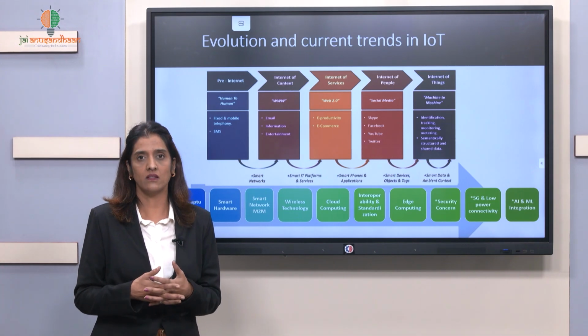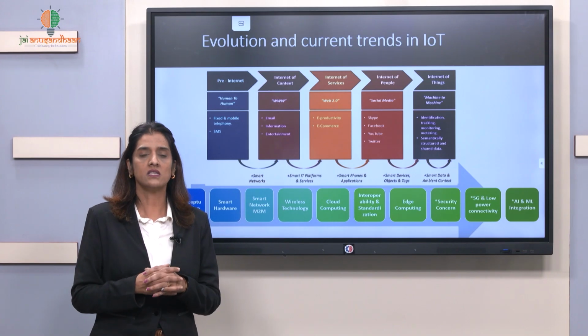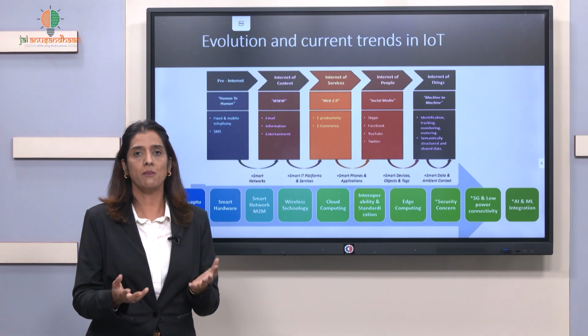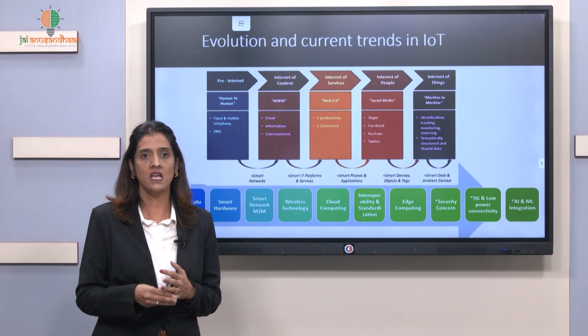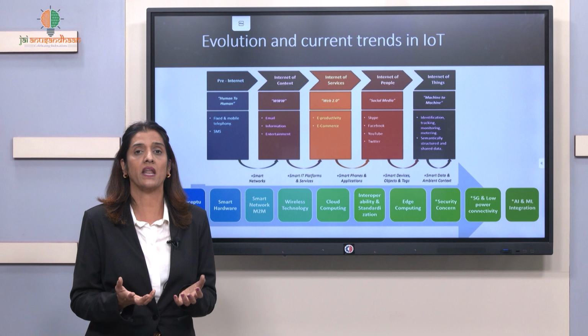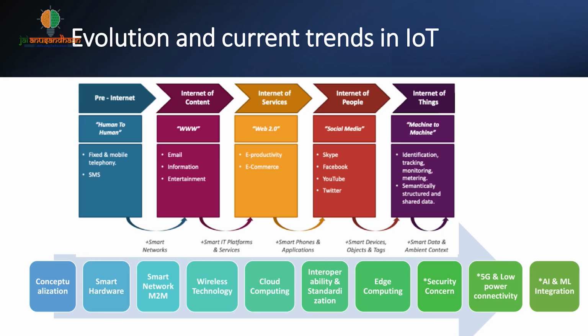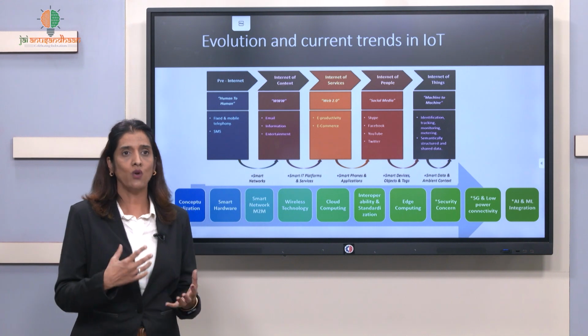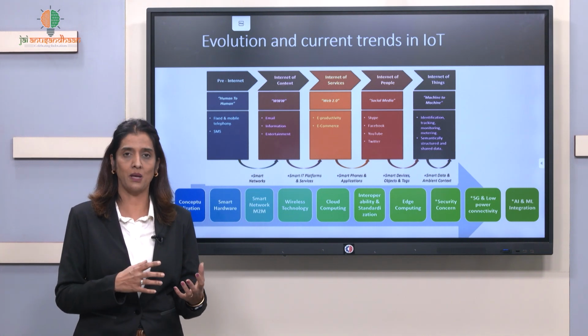When I say the IoT, it always starts with the hardware. Since we want to see some parameters of the device or some parameters of the thing around us, I need some kind of a hardware which can sense the parameter of that thing. So it started with the conceptualization, where actually I am proud to say that IoT concept started from the kitchen appliances.